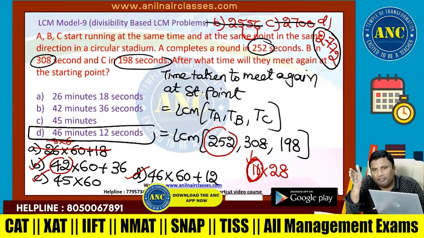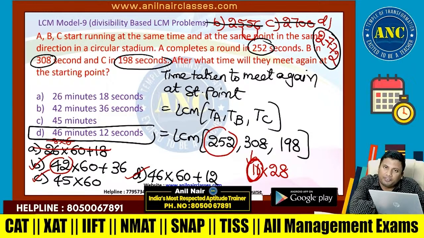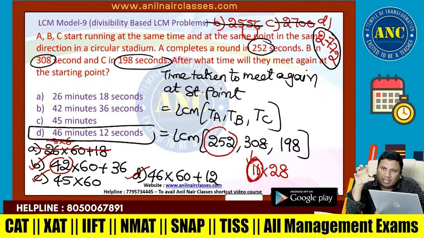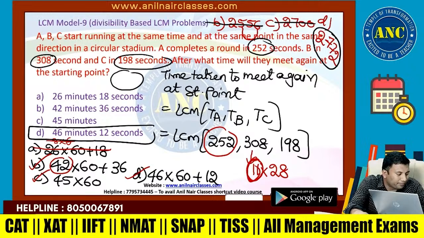Somebody started at 8:45, somebody at 9, somebody at 9:15. Can you say that the time taken to reach the starting point will be the same? Obviously, if the time is different and the distance is constant, I will explain that point.